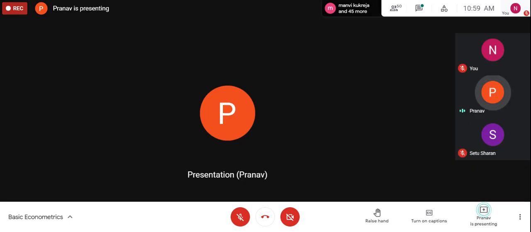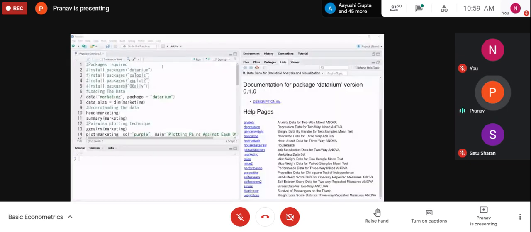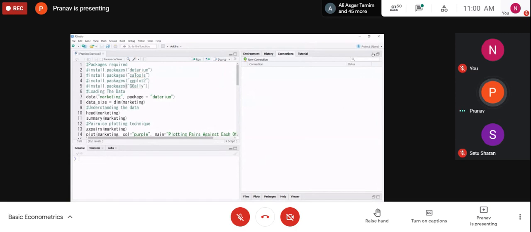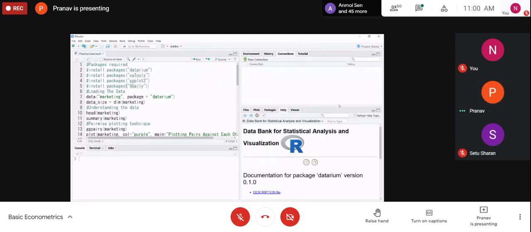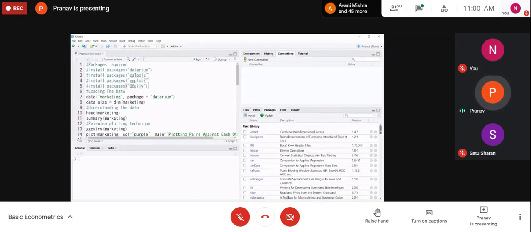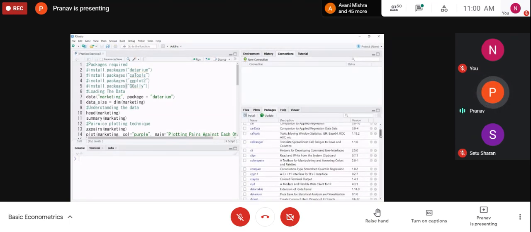So assuming that all of you would have installed the packages by now, let us look at these packages one by one. If you go to the packages on the screen, first of all, let us look at what exactly this package is all about.